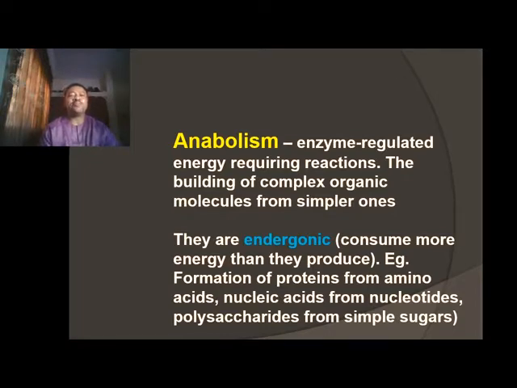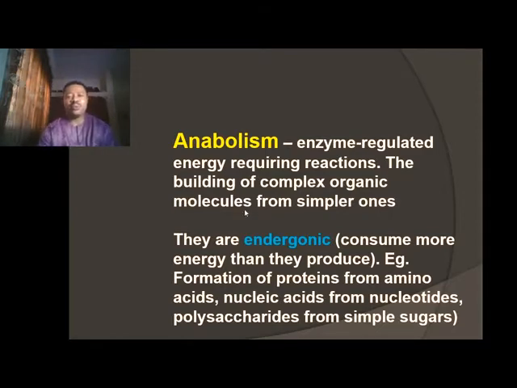So any building up process is anabolism. Because it is a building up process, it is endergonic in nature. Endergonic because it consumes energy. Energy is needed to build up. So anabolic reactions are endergonic in nature.